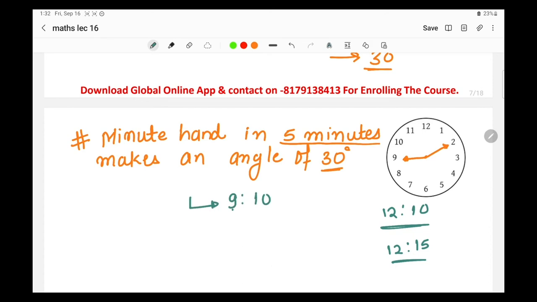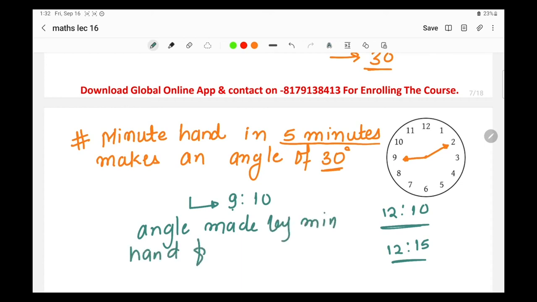If we have to calculate the angle crossed or made by the minute hand from 9:10 to 9:20. So basically now the time is 9:10.